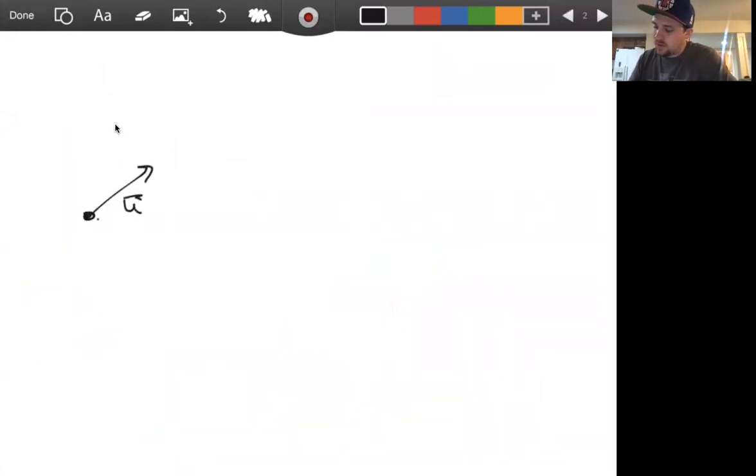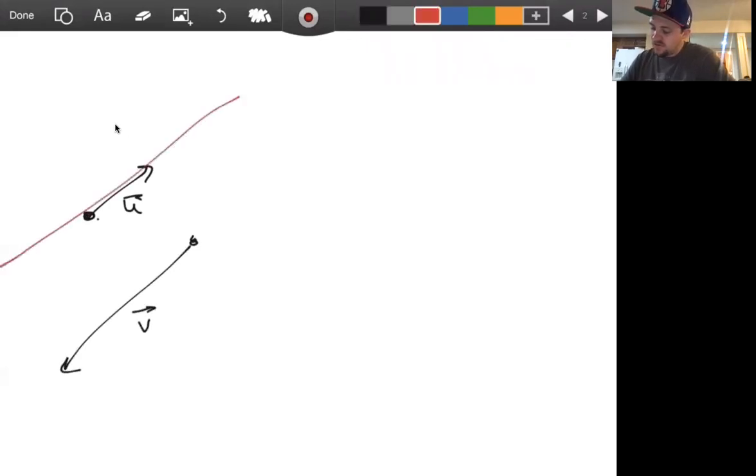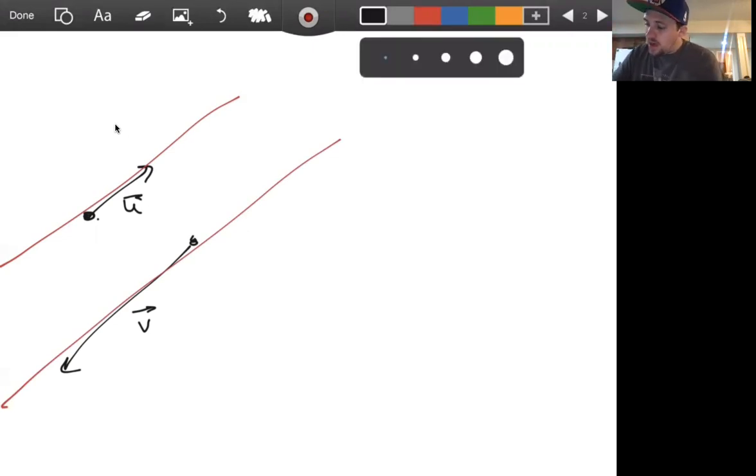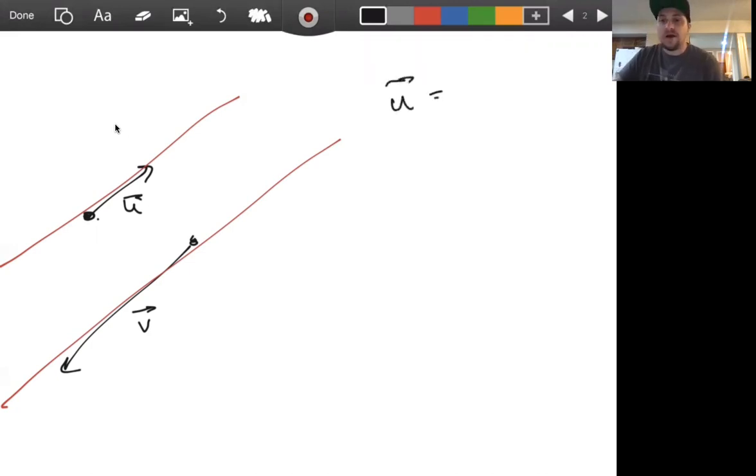Okay, so we're saying two vectors are parallel. Like here's u, and say here's v. The lines formed from the directions are still parallel. So these vectors u and v still are in parallel directions. But they might not have exactly the same magnitude, or even the same direction for that matter. One direction can be completely opposite of the other vector.